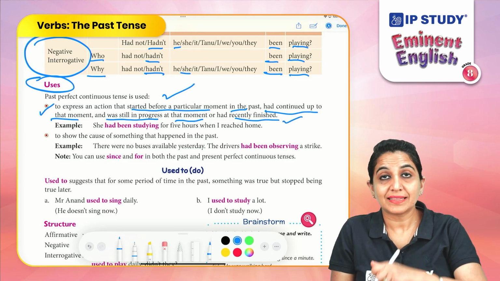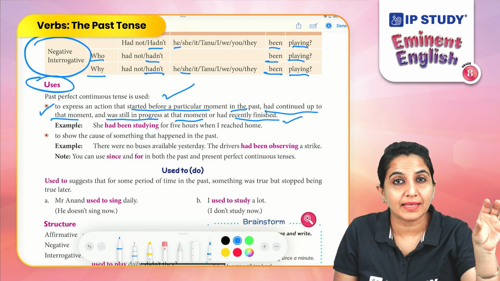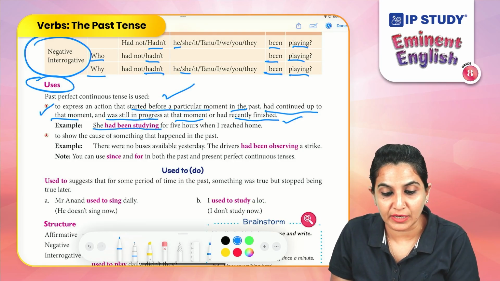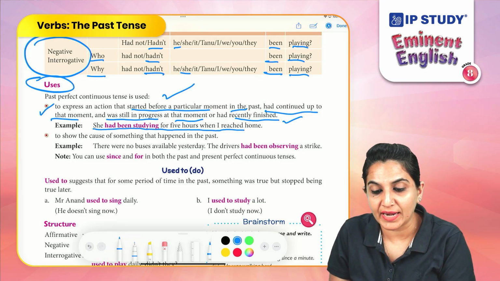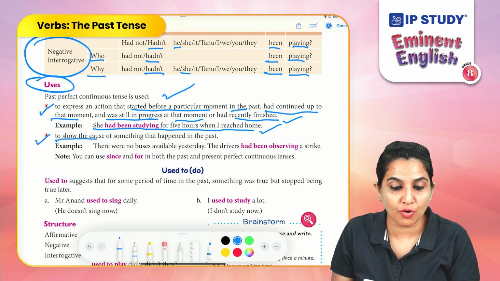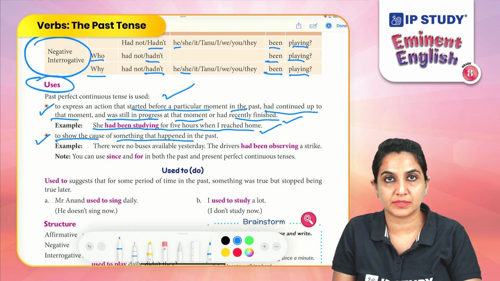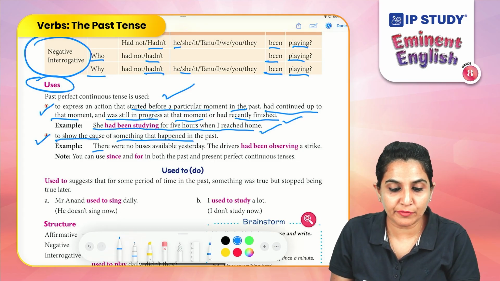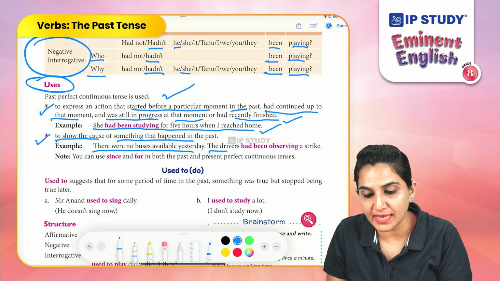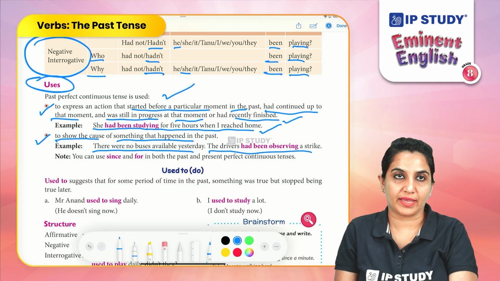That means it was continuously happening till that moment in the past. She had been studying for 5 hours when I reached home. It is also used to show the cause of something that happened in the past. For example, there were no buses available yesterday. Why? The drivers had been observing a strike.